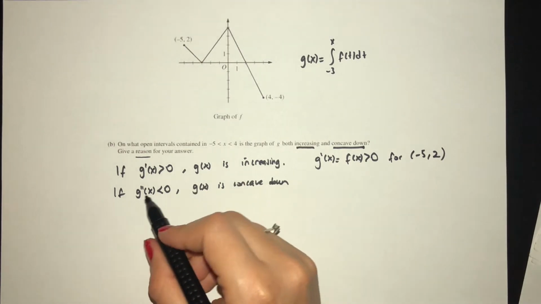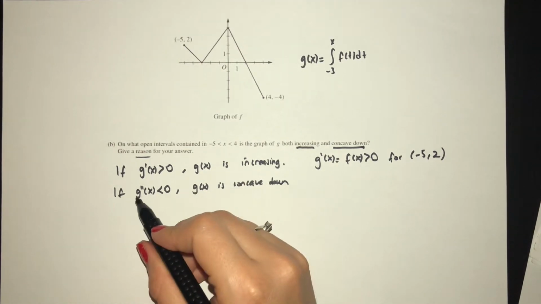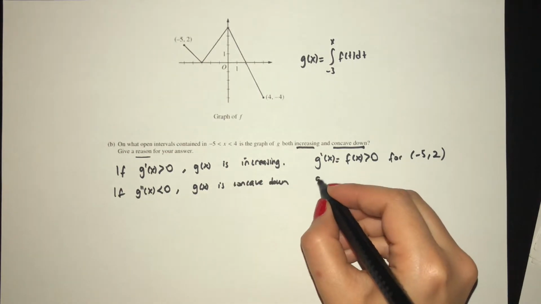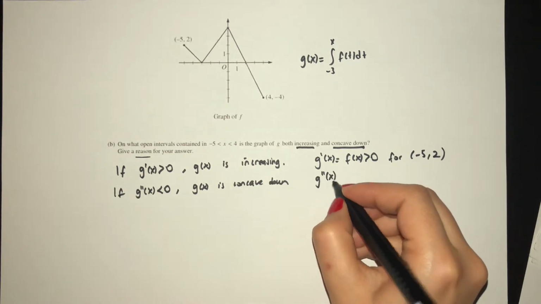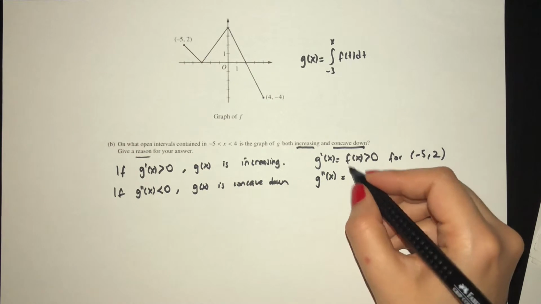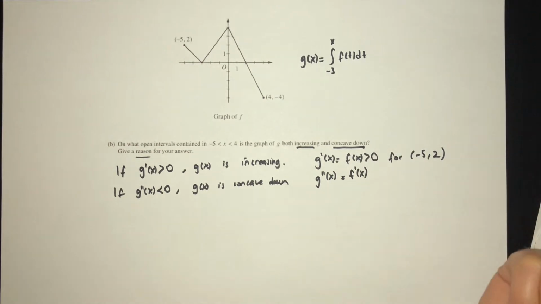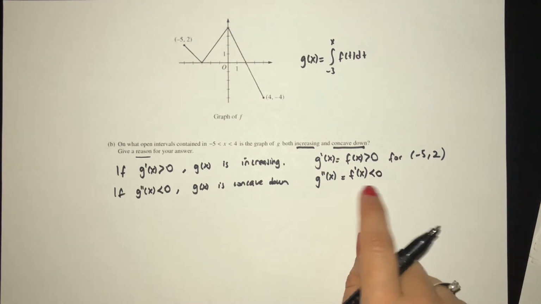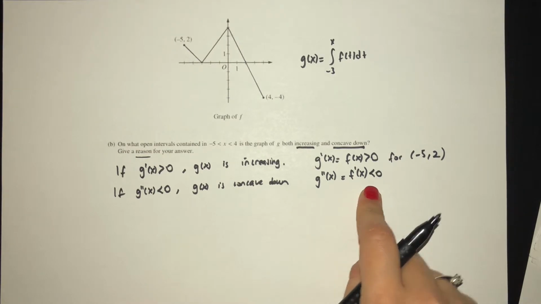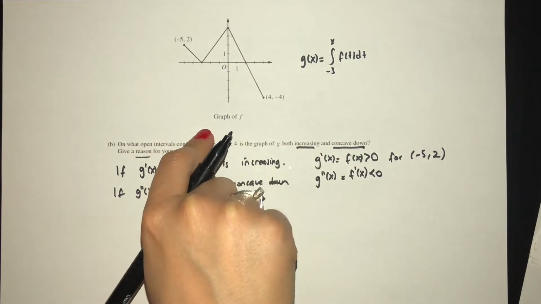And in order to get the interval where the second derivative is less than 0, we should take the derivative of g prime x. If we take the derivative of f of x, we get that the first derivative of f of x should be less than 0. In order to get this interval, we should look at the slope of the graph.